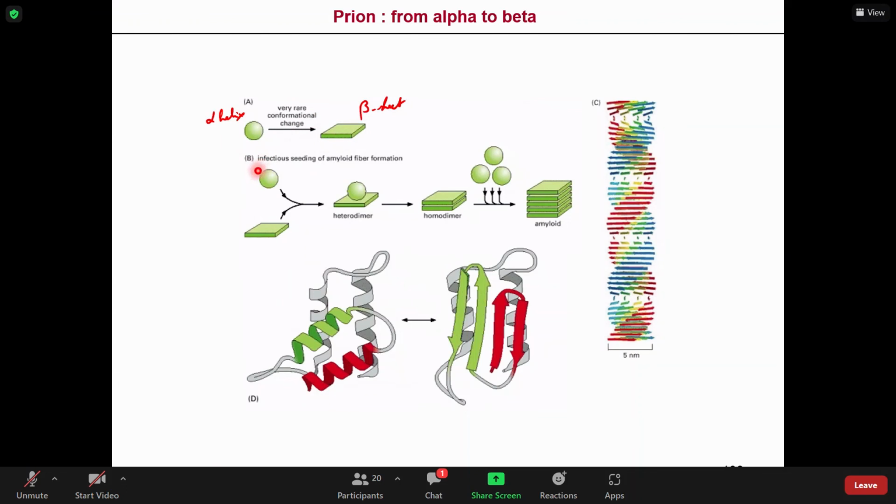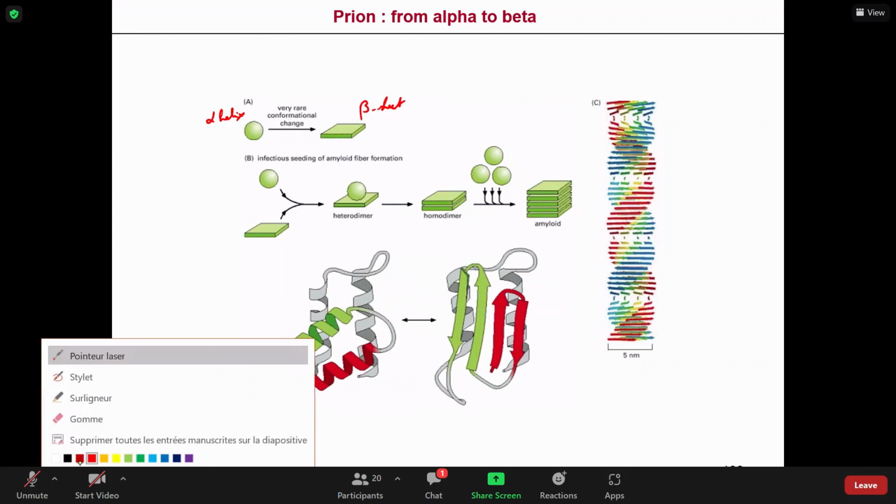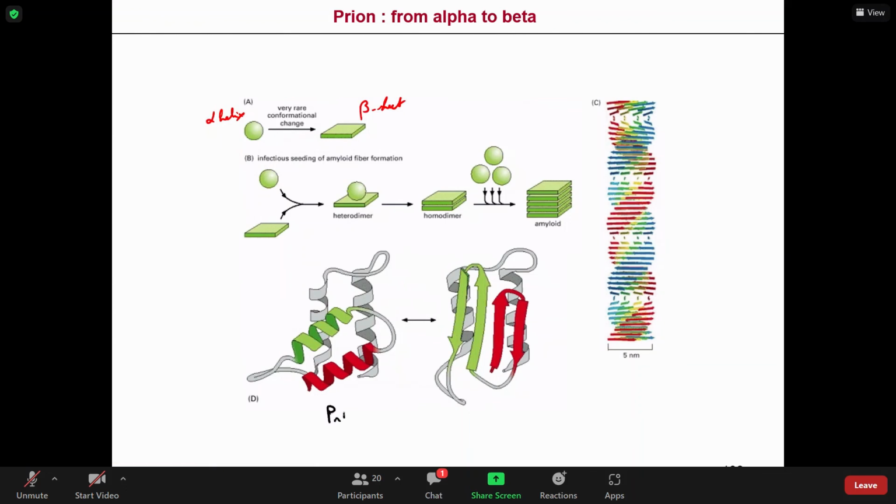But if you have infection seeding, you will have a change in the conformation, an equilibrium between the alpha helix and the beta sheet. So you have PrPC here and PrPSc here.